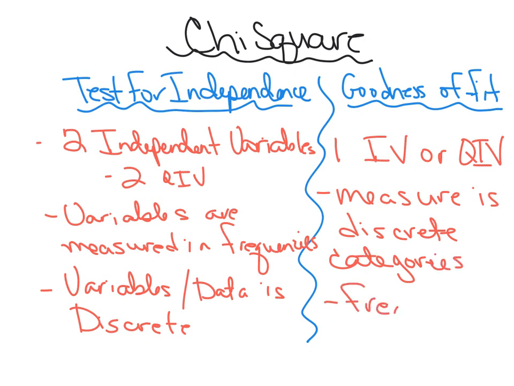So it's really the same thing, frequencies or proportions. So these are clear ways. The key with a goodness of fit is we're looking at one independent variable split up into several different categories, while with the chi-square test for independence, we have two independent variables, with both split up into different categories.